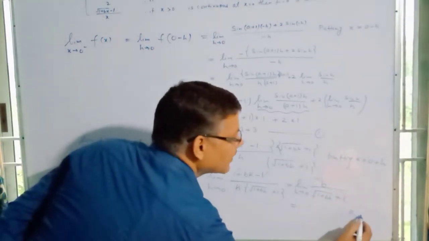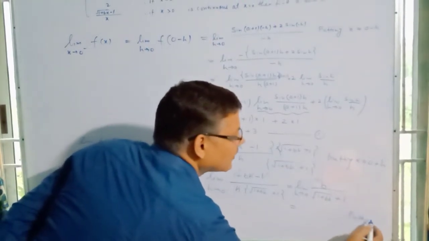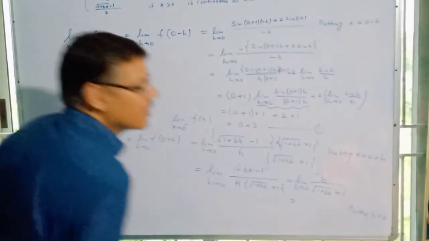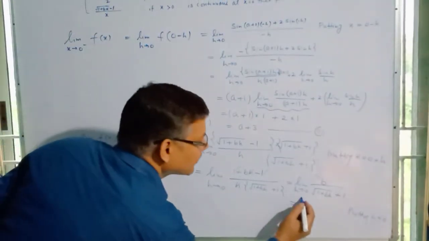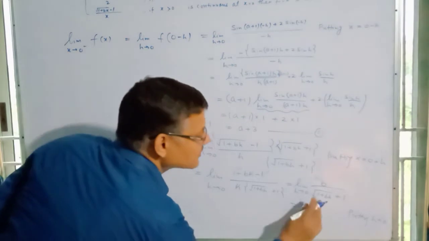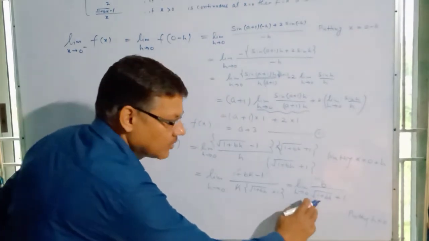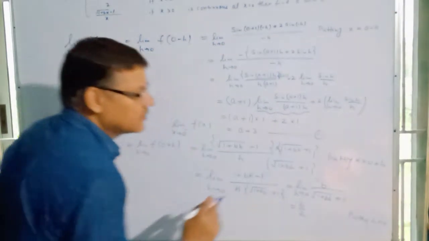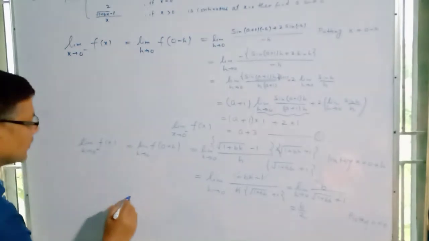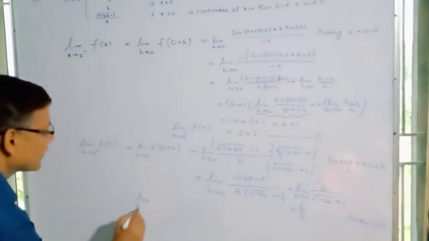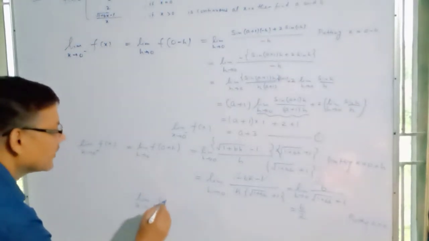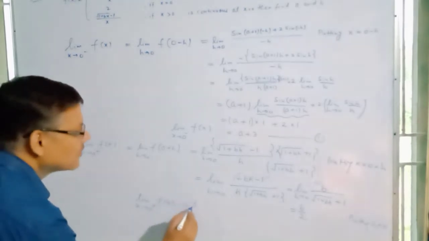Now we may take the limit putting h equal to 0, and we get b by 2, since root of 1 is 1, 1 plus 1 is 2. Therefore, the limit as x tends to 0 from the right of f(x) is equal to b by 2.